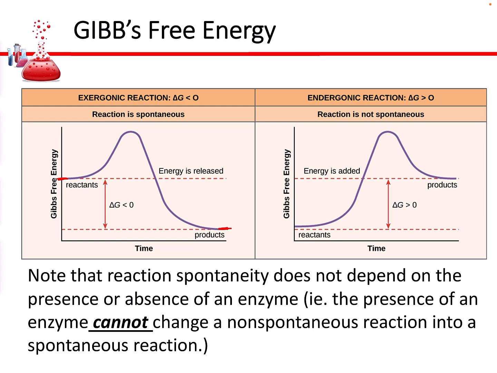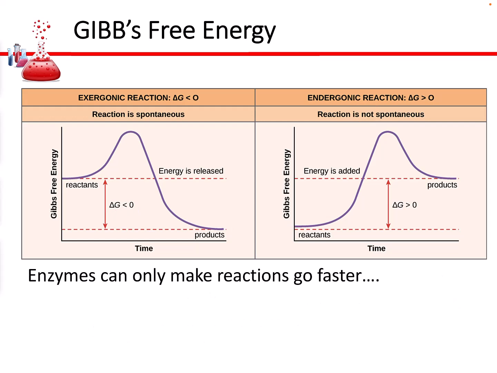This is determined only by the amounts of energy required on the reactant side or on the product side being released. And if the energy of the products is higher than the energy of the reactants, energy needs to be added for that reaction to go forward, and the reaction is not spontaneous. Okay, so you're looking for that negative delta G to give us that spontaneous reaction.